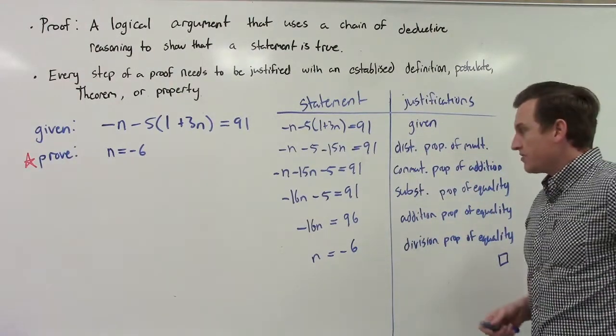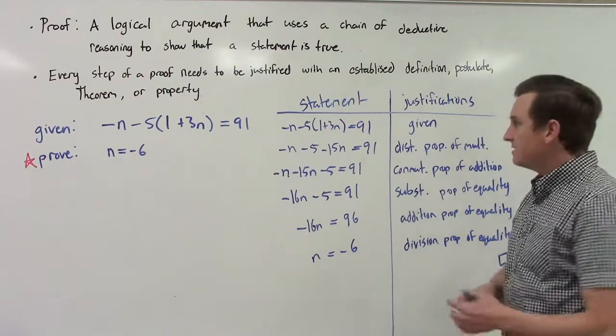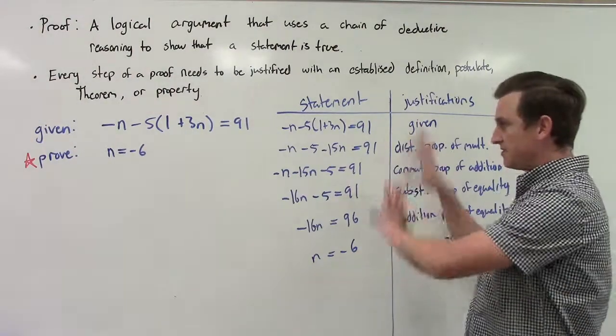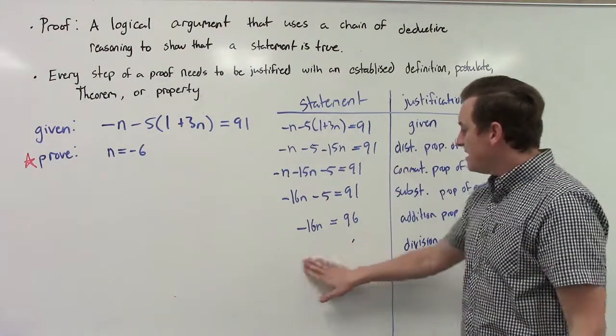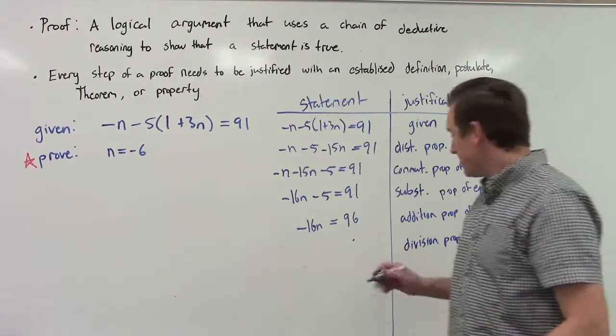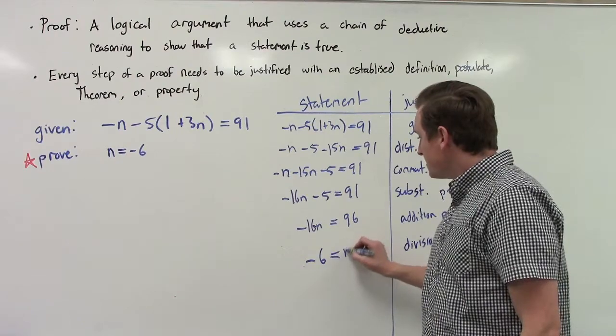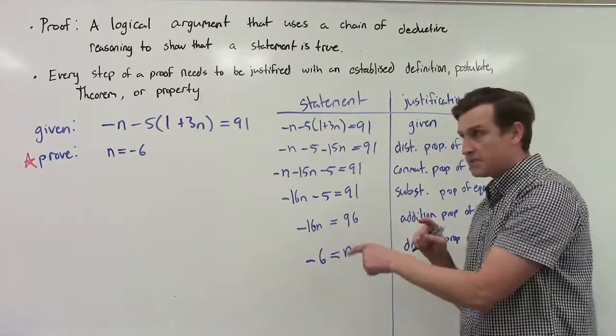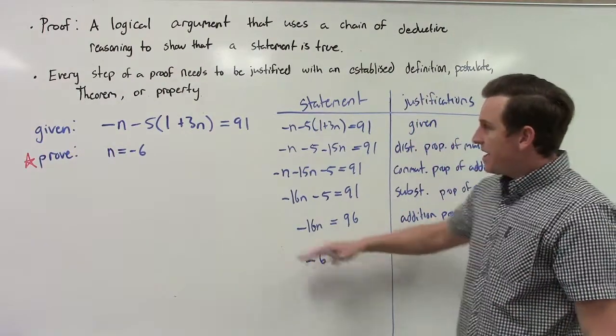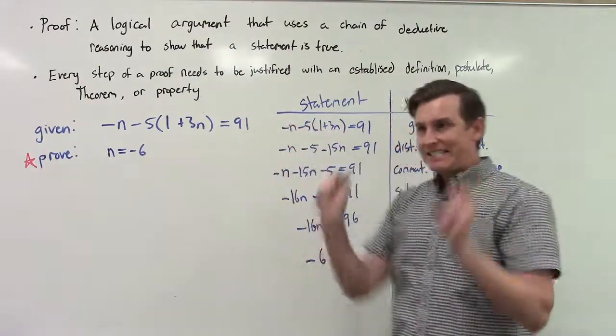One other thing I wanted to show you really quick that you'll sometimes see. Now this isn't true in this problem, but just for the sake of argument, let's say we got down to the very end, and we got something like -6 equals n, reversed, right? Well, this statement and this statement aren't exactly the same.